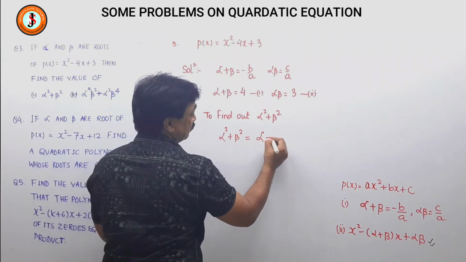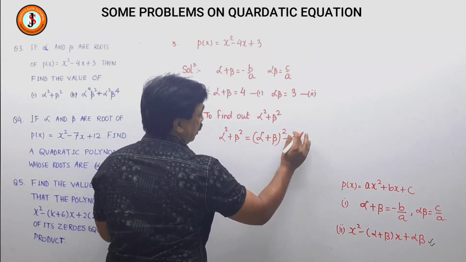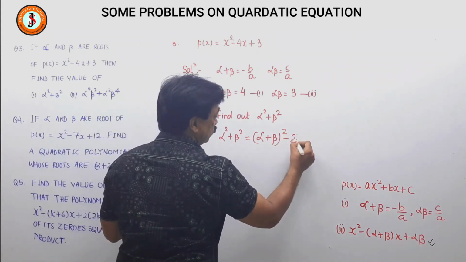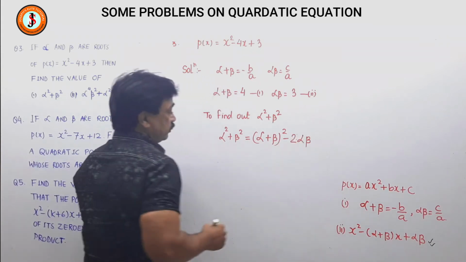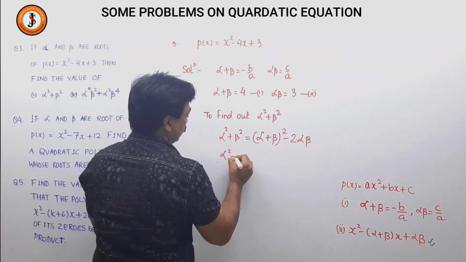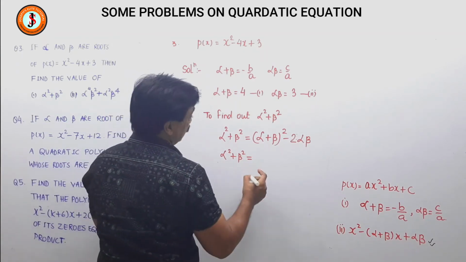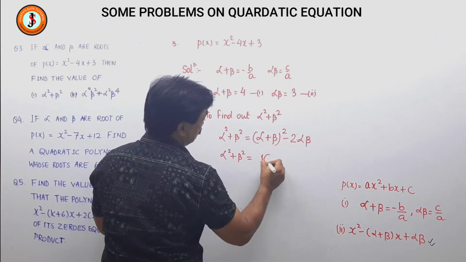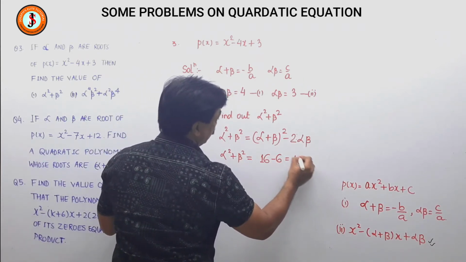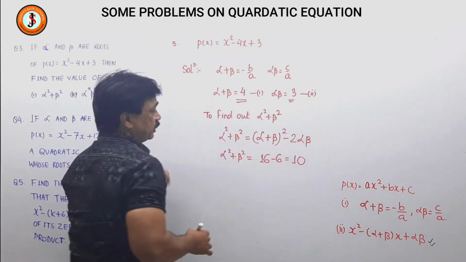Yes, there is one. We can write alpha square plus beta square is equal to alpha plus beta the whole square minus 2 alpha beta, isn't it? So this becomes alpha plus beta the whole square, that is 4 square, 16, minus 2 alpha beta, 3 twos are 6, that is 10. The value I am getting from here, 4 square is 16, so that is 10.